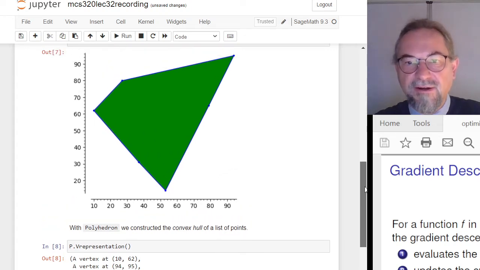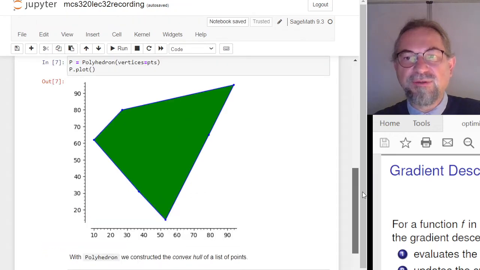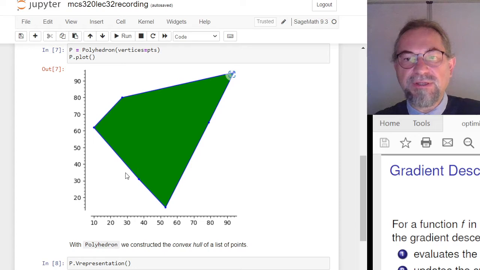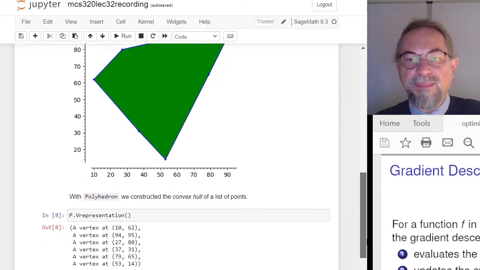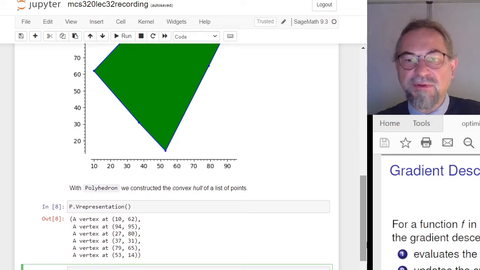So this is a polygon where with my random choice it looks as if 2 of these points lie on an edge, so they would not count as vertex points. So this is a nice example actually.